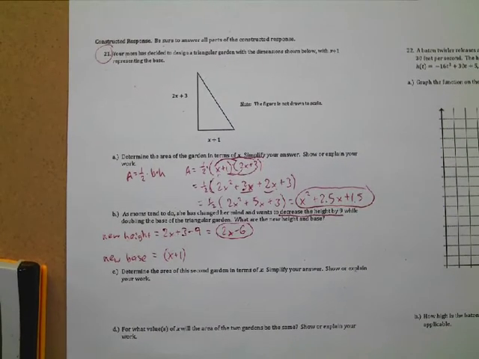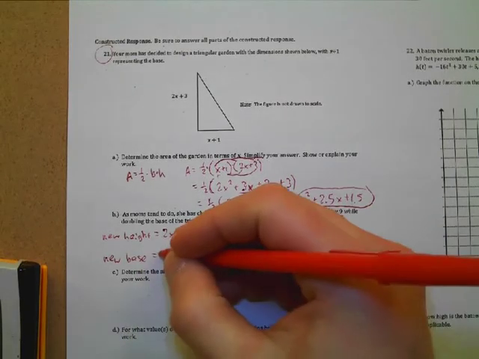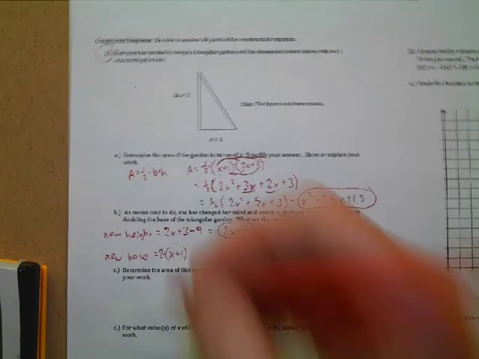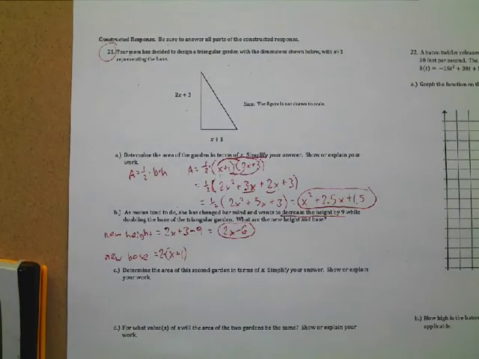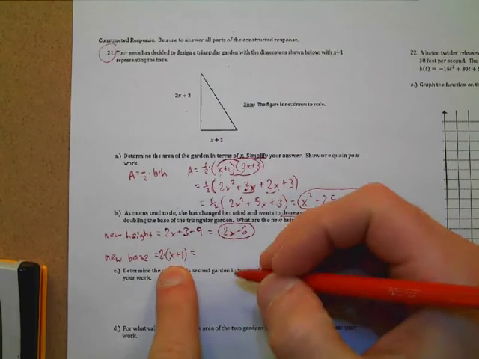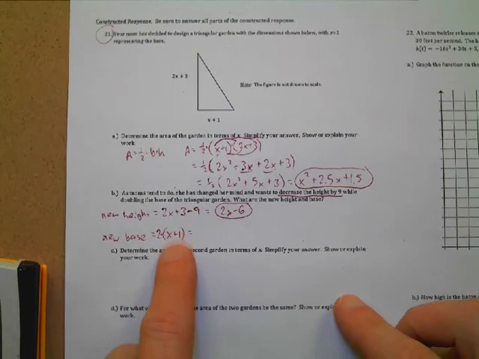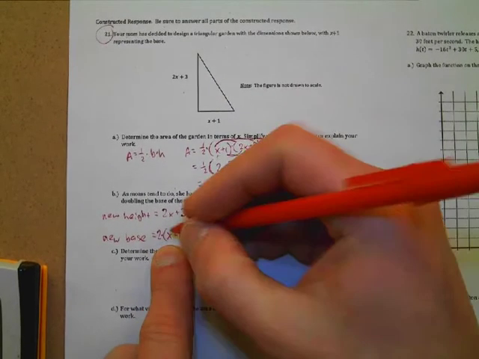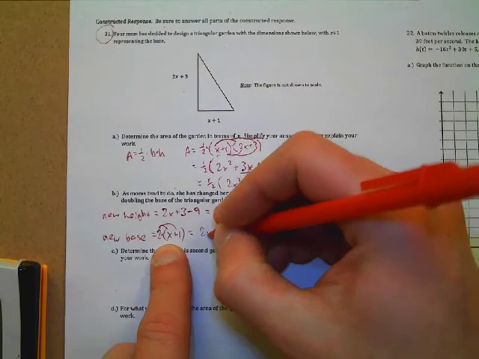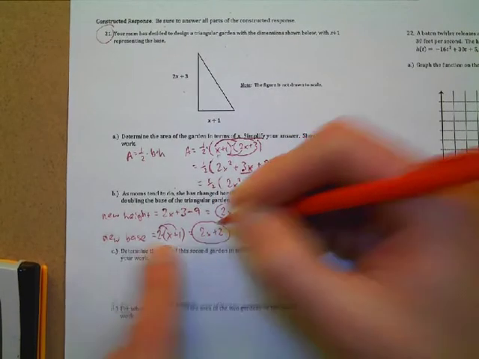What does it mean to double something? Multiply by 2. Not times it by itself, that would be squaring it. When you double, you add something to itself. Adding it to itself is doubling, or in other words, times 2. So how should I simplify this? Distribute. 2 times x, 2 times 1. So 2x plus 2. And there is your new base.